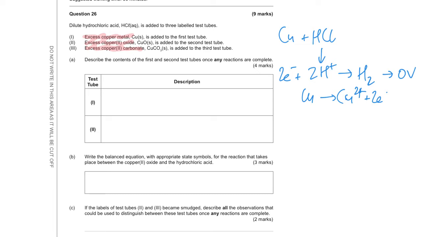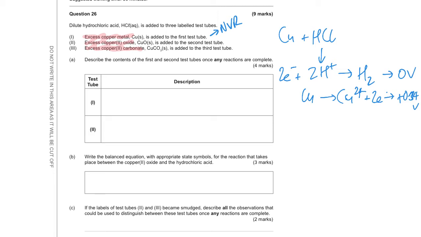And so the idea is that if the metal is above the acid reaction, because it's got a value of positive 0.34 in the opposite direction, then it's not actually going to react. So this excess copper metal does not react with the dilute hydrochloric acid. So this one technically is no visible reaction, because the copper, like silver and gold, the acid is not a sufficiently strong oxidizing agent to react with the metallic copper, silver, or gold. All right, so the first one, no visible reaction.